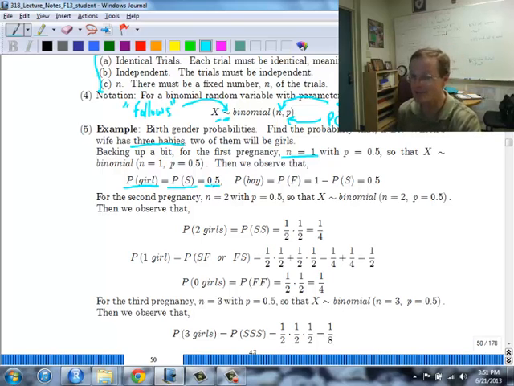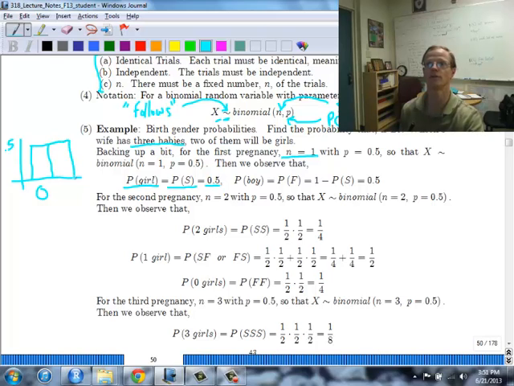It's not exactly 50%, it's closer to 51%, but we'll just do this for the sake of discussion. So 50% there. Probability of the boy, of course, is going to be 1 minus that, 50%. If I draw the histogram of that, then if we have 0 girls, which is the same as 1 boy, that's 50%. Or if we have 1 girl, then that's 50%. So we got that one there.